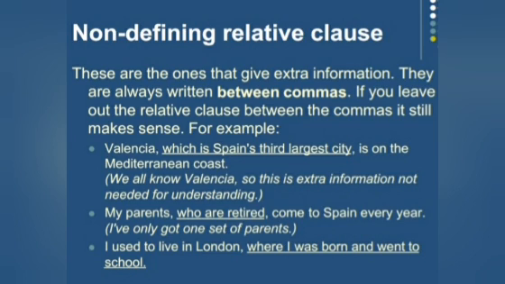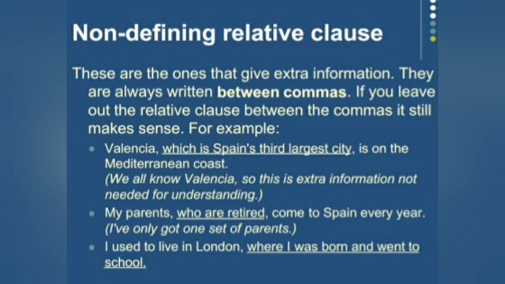If I remove this, which is Spain's third largest city, इसको अगर मैं हटा दूँ sentence से, you are left with: Valencia is on the Mediterranean coast, and this is making sense. एक complete thought है, therefore it is correct. And therefore which is Spain's third largest city is separated from the main clause by commas.